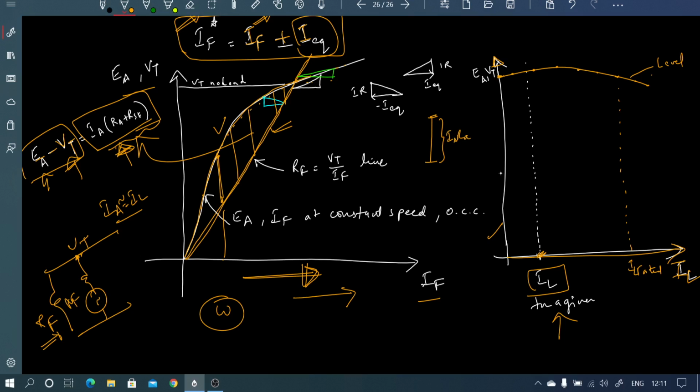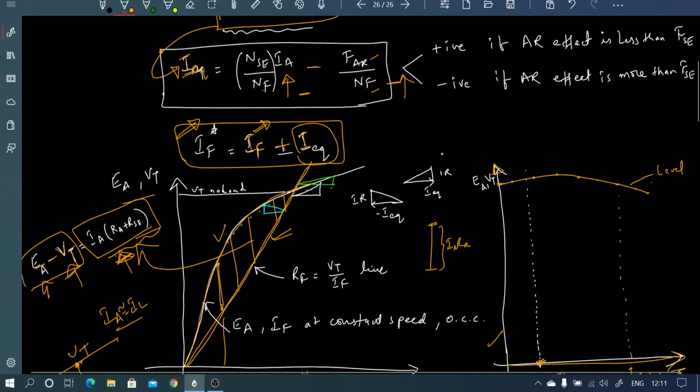And if the machine has some armature reaction, I calculate this equivalent effect, I equivalent. If it is positive, then I add it like this. If it is negative, then I add it in the opposite direction, minus I equivalent. Based on that, I can draw these two triangles.